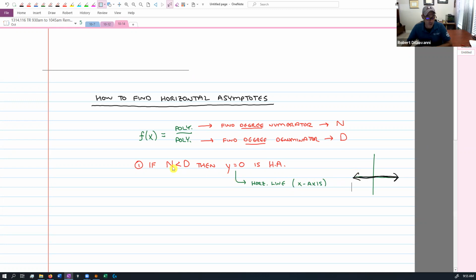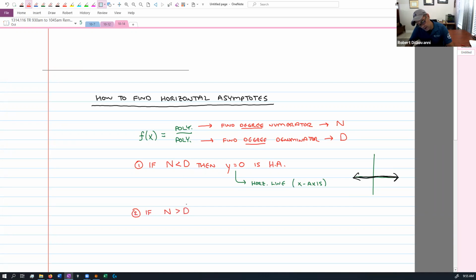That's what happens if the numerator is smaller than the denominator: then y equals 0 is where your magnet is. Now, the next case. Let's go greater.